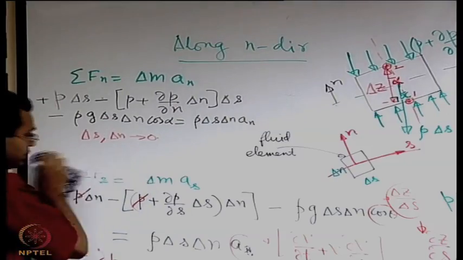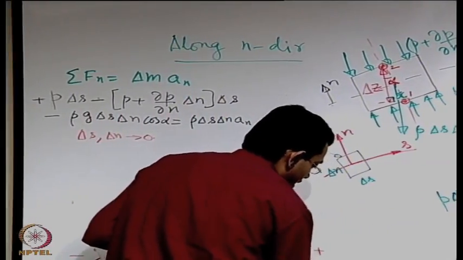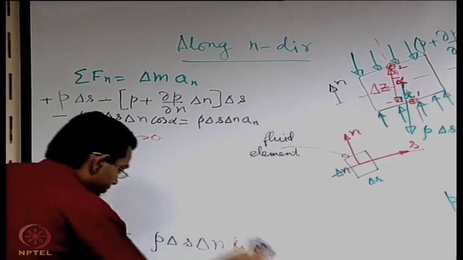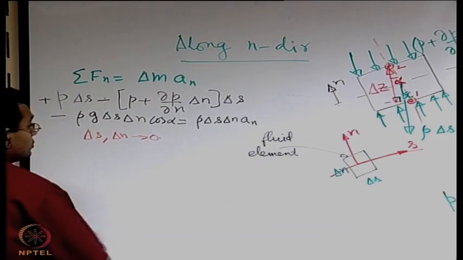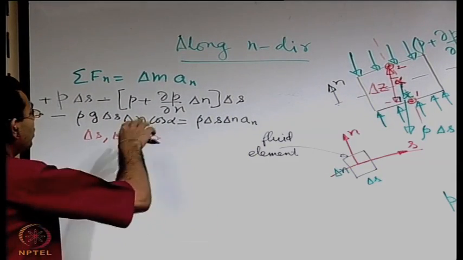Now, we will also consider the limits as delta n, delta s all tending to 0. And then what follows?